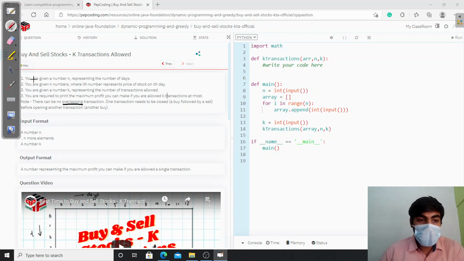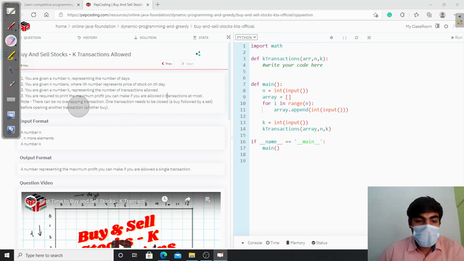Overlapping, what is overlapping? I am explaining again here. Buy one, buy two, sell one, sell two: we are buying a second stock in between one transaction and then selling it after. So we can say this is overlapping of transactions.